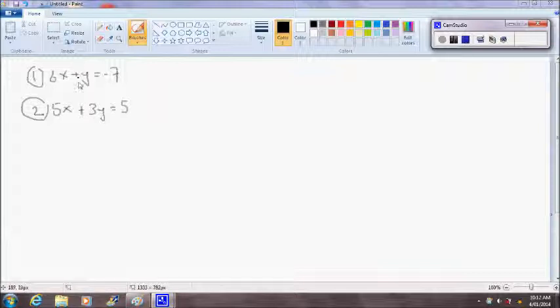We have a coefficient of 1 in equation 1, and in equation 2 we have a coefficient of 3 in front of the y. We need to make the coefficients in front of the y the same in both equations in order to be able to eliminate y as a variable. So I'm going to have to multiply equation 1 by a factor of 3.